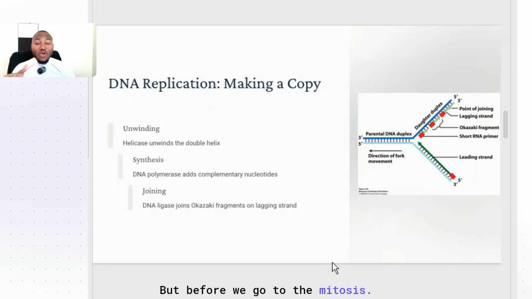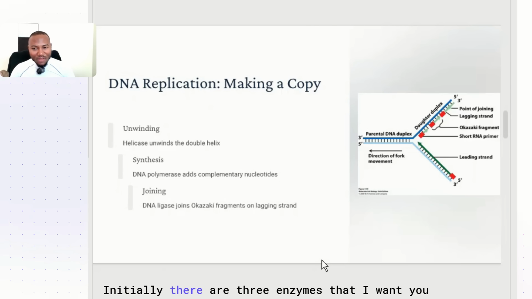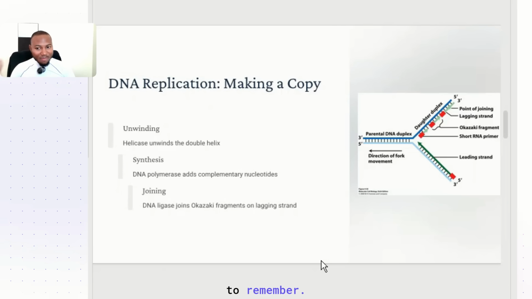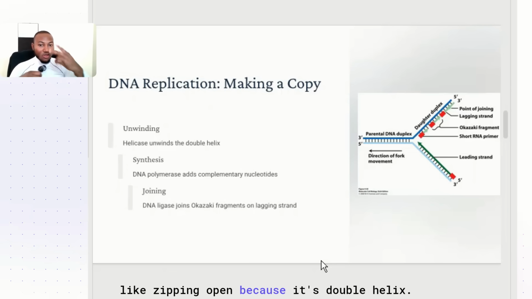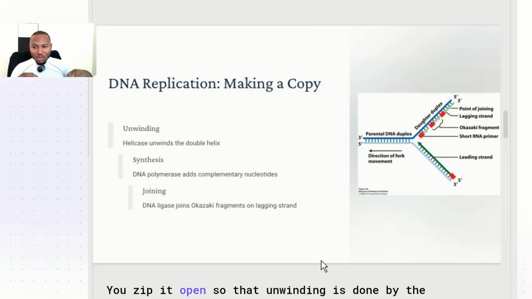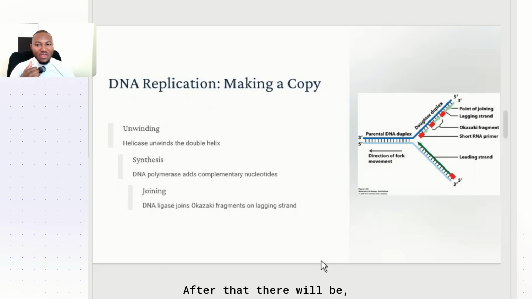But before we go to mitosis, DNA replication, I've already discussed it initially. There are 3 enzymes that I want you to remember. One is the enzyme that helps with unwinding, like zipping open, because it's a double helix. That unwinding is done by the helicase. After that, there will be synthesis, which is done by the DNA polymerase. Then after that, they join back, which is done by the DNA ligase.